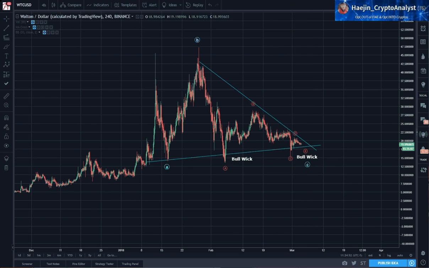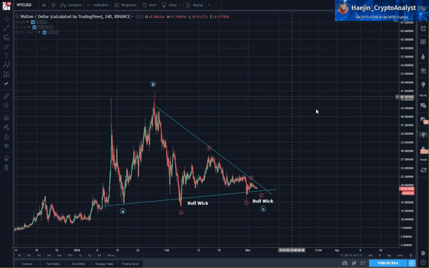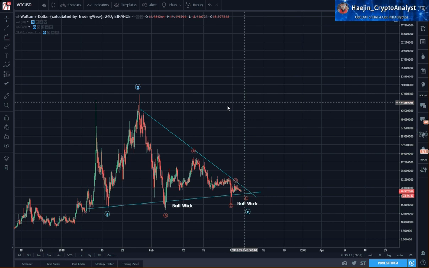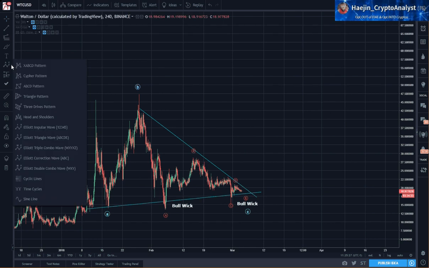And usually expanded flats are indicative of not a terminal correction, but more of a continuation correction. That at a higher degree of trend, this ABC expanded is saying there's potentially a lot more higher highs to come. And to that, we can project the next set of breakout.